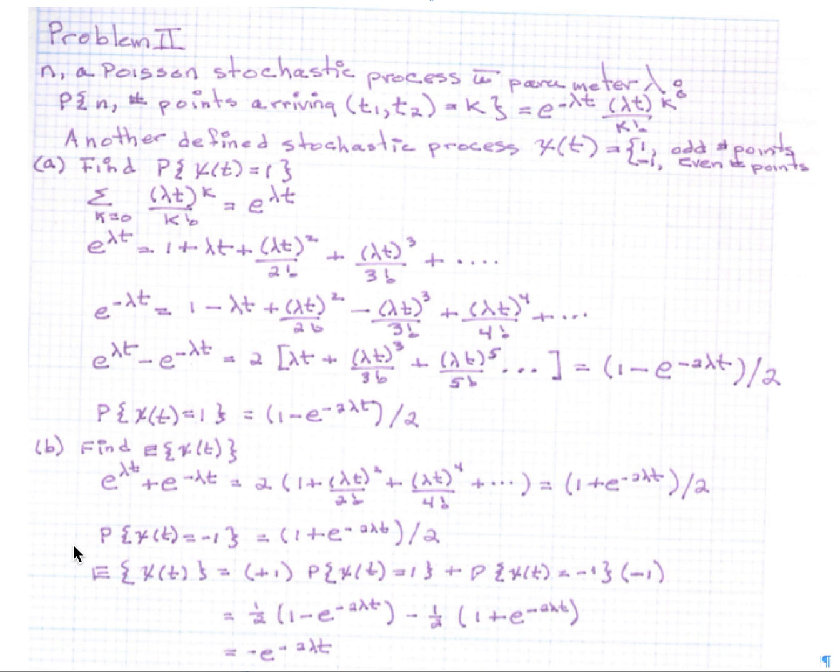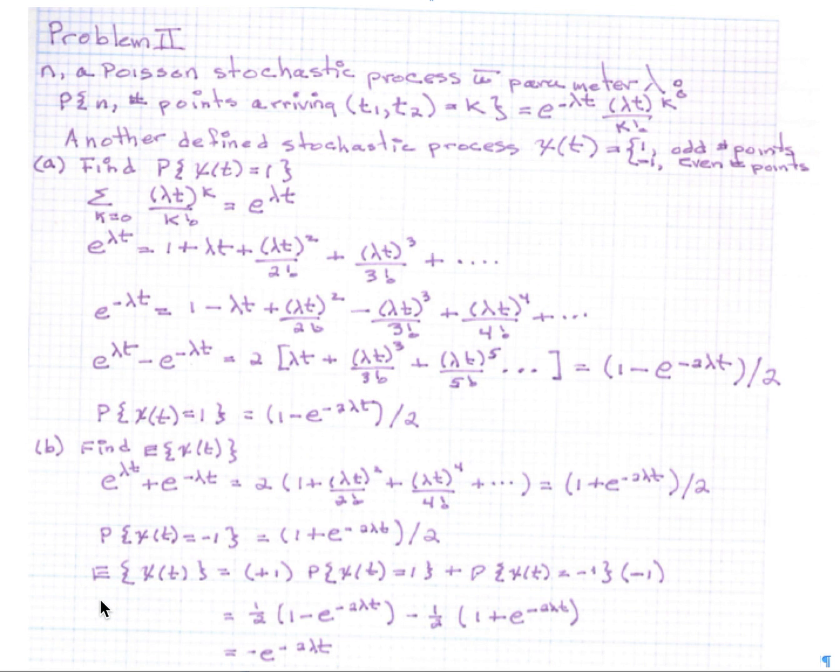When we equate the probability of X of t equal to minus 1, it will indeed represent all of the even points and is equal to the quantity 1 plus e to the minus 2 lambda t, divided by 2.